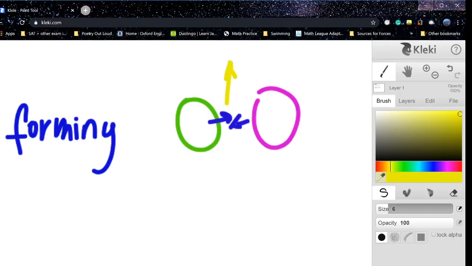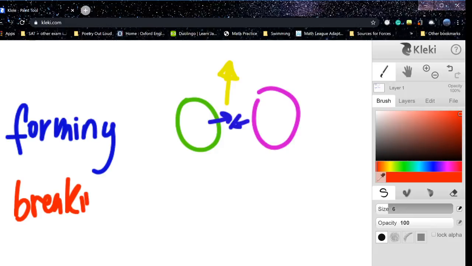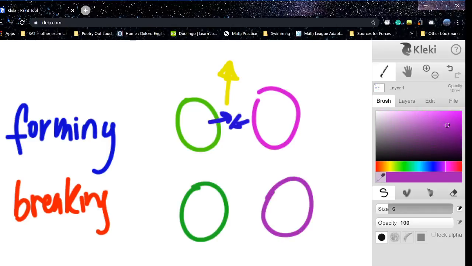Energy is released, so it's going out. Okay, and when we're breaking bonds, energy is being used to break the bonds, because imagine trying to pull two magnets apart.